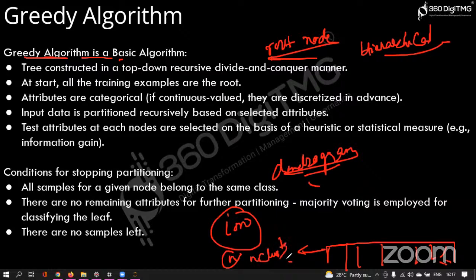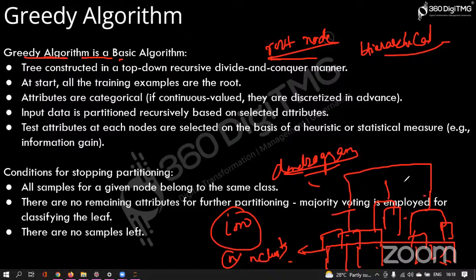Then based on similarity, or homogeneity, we group them into different groups. So it is a bottom-up approach.